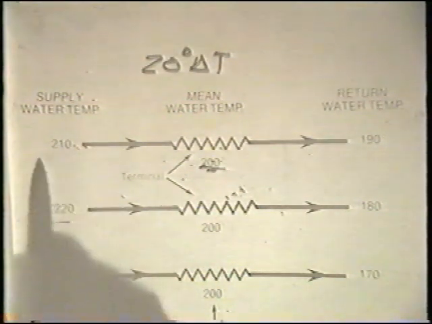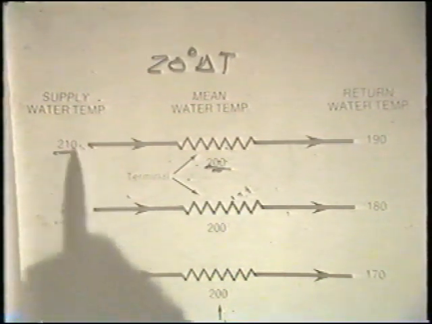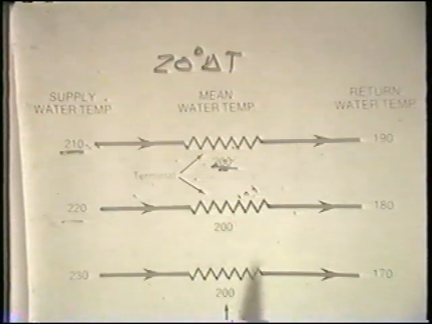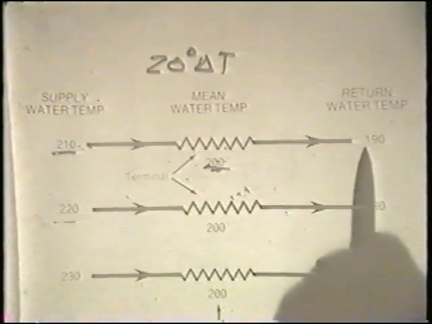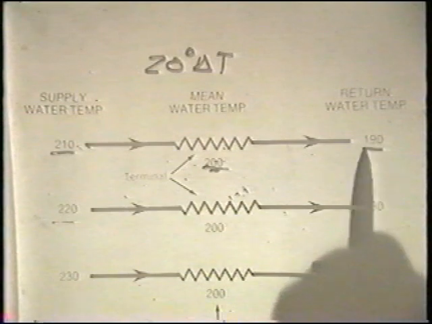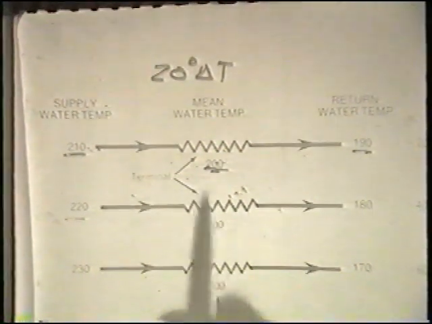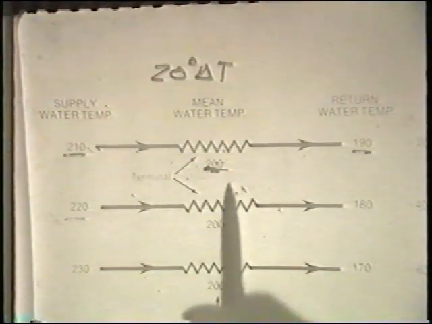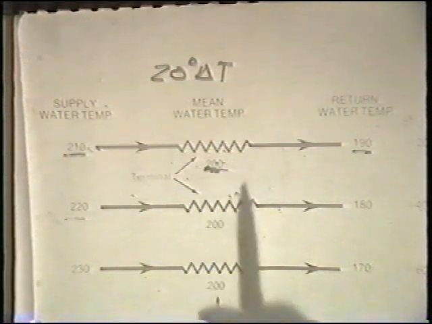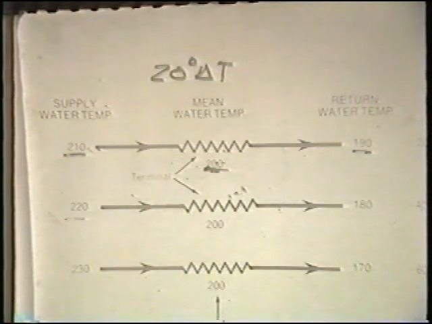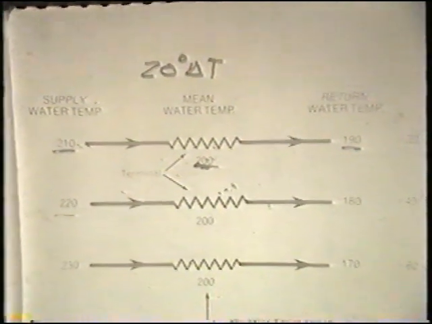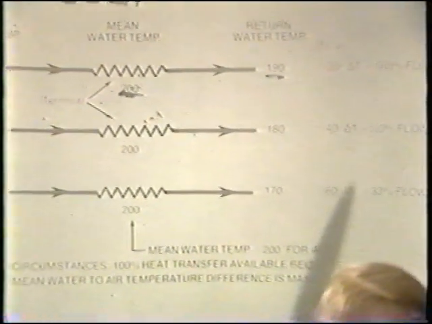In the first illustration, we have 210-degree supply water temperature, 190-degree leaving water temperature, and a 200-degree mean water temperature in the terminal unit. And this can equate then to a basic flow rate at 10,000 BTU of 1 gallon per minute.